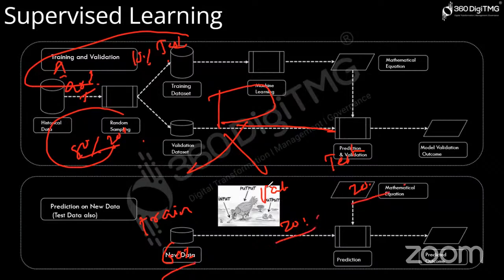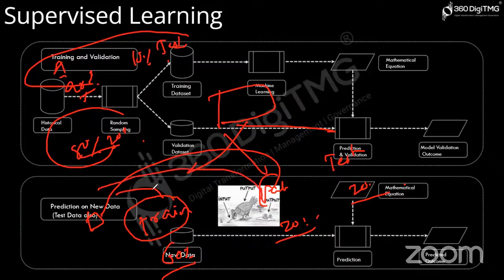What happens when you have more hyperparameters? We train the machine learning model based on train data, and we don't know at which parameter it will perform best. So we pass one parameter and check the accuracy, then pass one more parameter and check the accuracy.